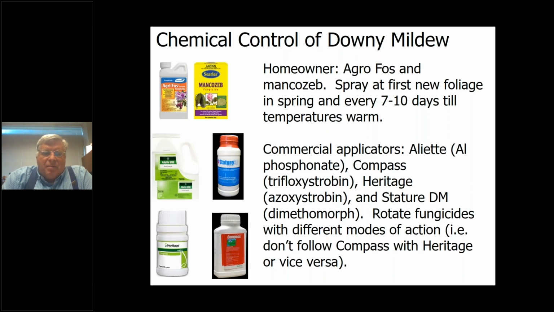They are not systemics, so you're going to have to spray every 7 to 10 days until temperatures get above 78 degrees Fahrenheit. Now, there are other things available for commercial applicators to use, but many of these things are not labeled for homeowners in many states.